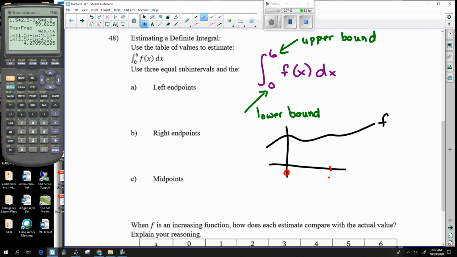So from 0 to 6, the area to the x-axis is what the integral is. Now, we don't know how to take that integral and find the exact area, but what we know how to do is break this up, and we can approximate it in various ways. So that is what we are doing in this situation.